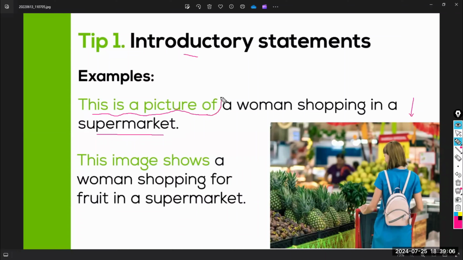Notice that the phrase is an introductory statement, so I have to start my description like this. Or I can say, this image or picture shows or expresses or depicts a woman shopping for fruit in a supermarket, because all I can see, to be honest, is fruit. So this is why I want to say fruit.